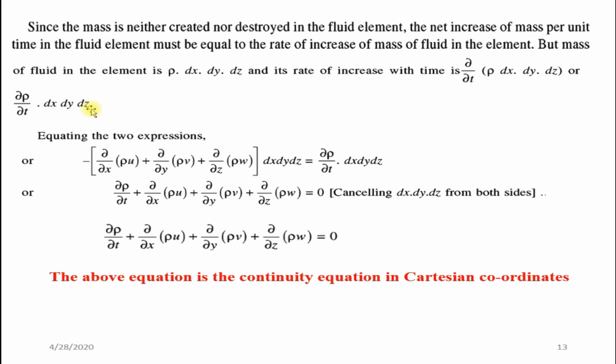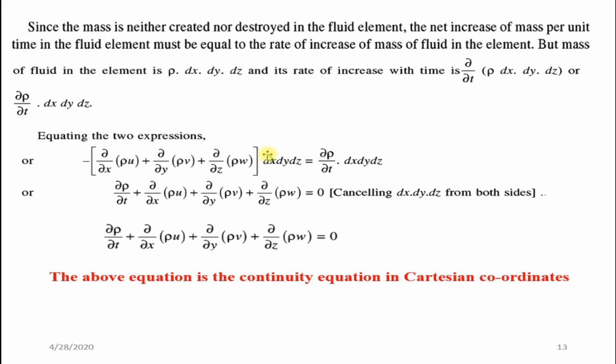Therefore, equating these two expressions, the net gain of mass in x, y and z direction, minus dou by dou x of rho u plus dou by dou y of rho v plus dou by dou z of rho into w, dx dy dz, is equal to dou rho by dou t into dx dy dz, according to the conservation of mass principle. Finally, what can we write?